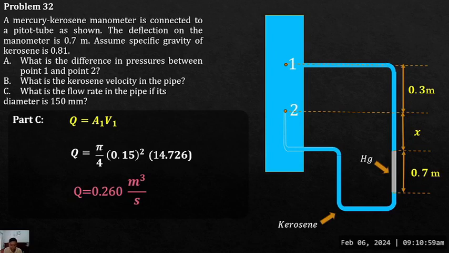So, sa dalawang points na pinili mo, kailangan na yung isa doon magiging 0. Which will serve as your datum line. So, in this case, if your datum line is point 2, let's say ito yung datum line mo. Ayan.